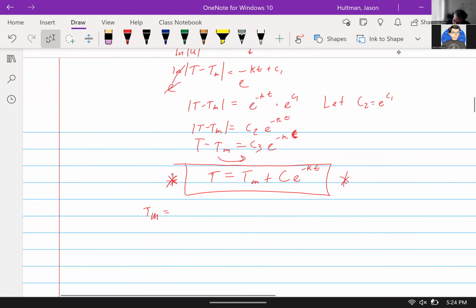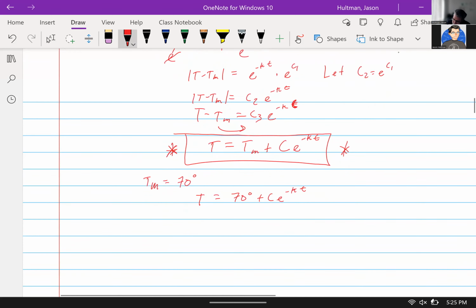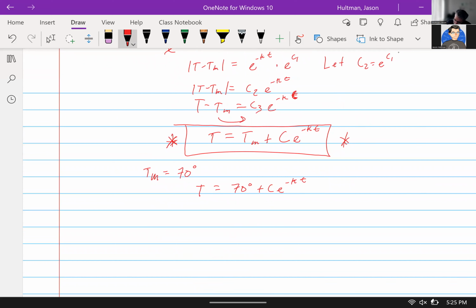So Tm is 70 degrees. So T is equal to 70 degrees plus c e to the negative kt. And we want to know, what was the temperature at time 0? When little t is 0, what was the temperature?